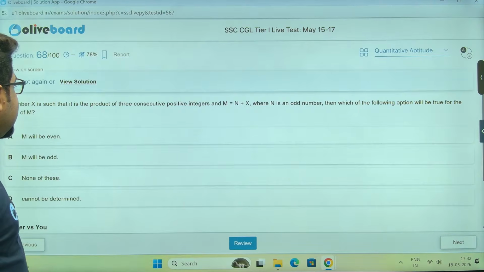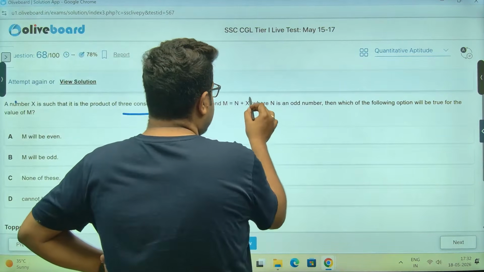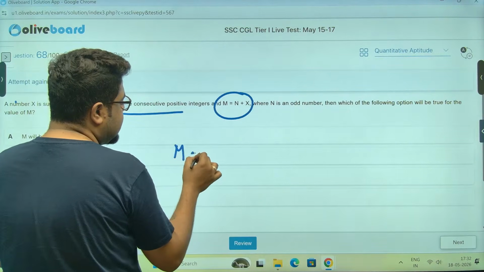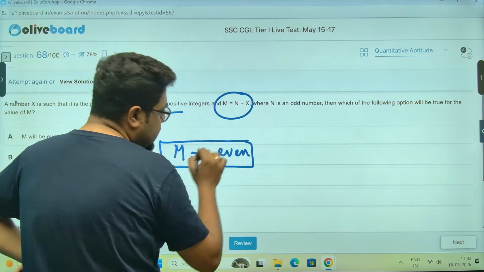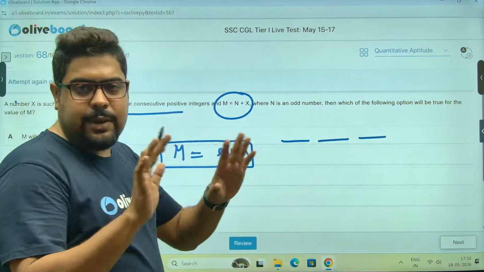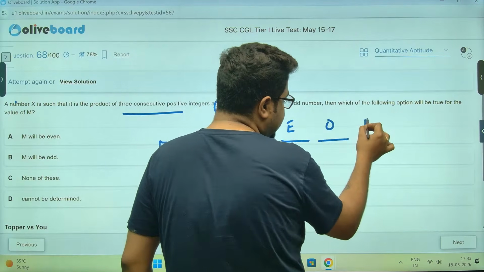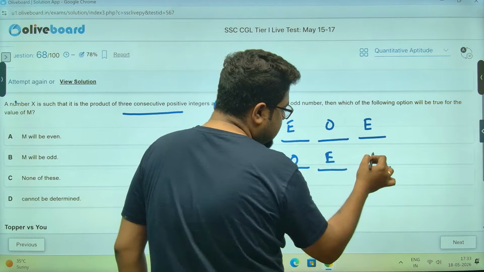Number x such that it is the product of 3 consecutive integers. N is an odd number. Sir, a product of 3 consecutive integers is always an even number. Why? There can be 2 situations: even, odd, even, or odd, even, odd.